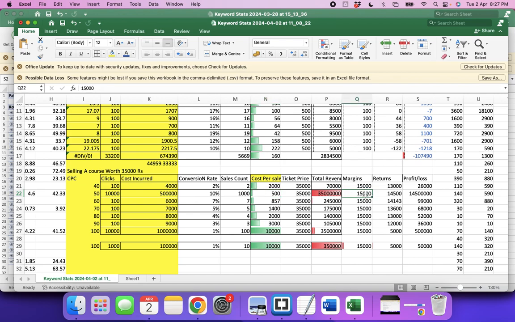Now here, you take 500 rupees from 15,000 rupees. Per sale, he is spending only 500 rupees, right? If 500 is gone, it's 14,500. 14,500 into 1,000 is 1.45 crore. Are you all understanding how training business works? Yes, sir. Yeah.